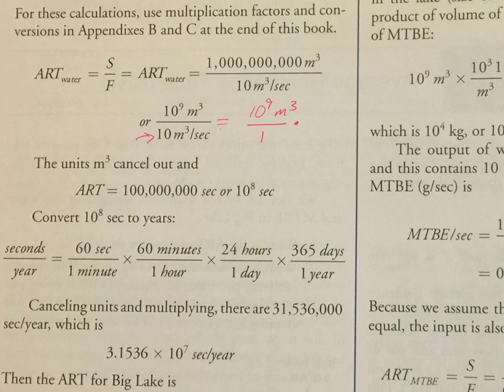Remember the 1. We don't have to put the 1 in front of any variable. The unit, you can think of it almost as a variable. 1 second divided by 10 meters cubed.